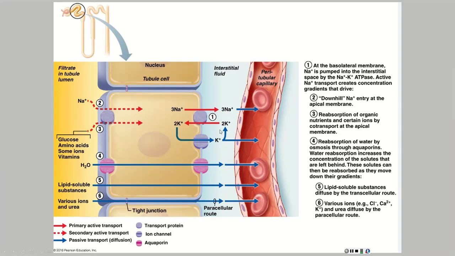We're constantly removing sodium on this side, which allows sodium to come in along with some friends on the other side.